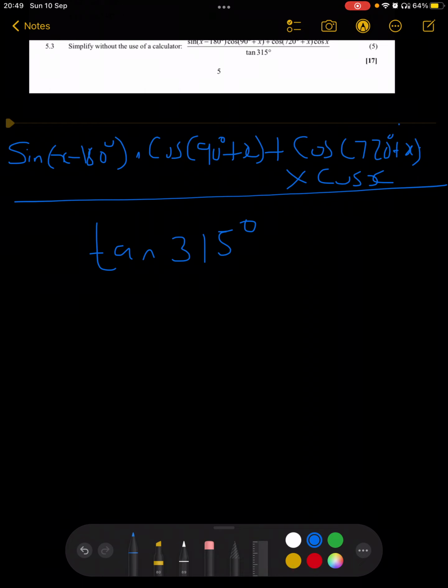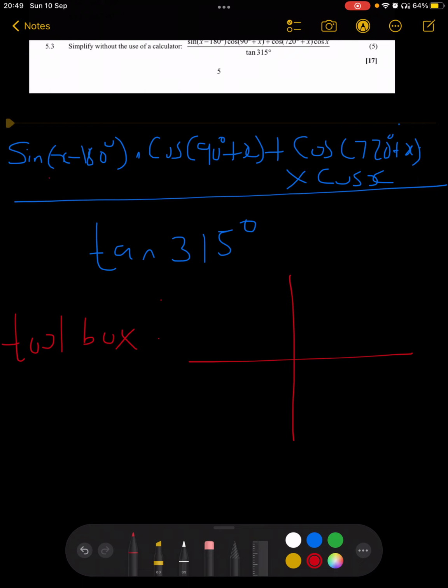Okay, now how do I solve this? I use some sort of what I call a toolbox. In this toolbox, I must put in my Cartesian plane whatever I know from the Cartesian plane.